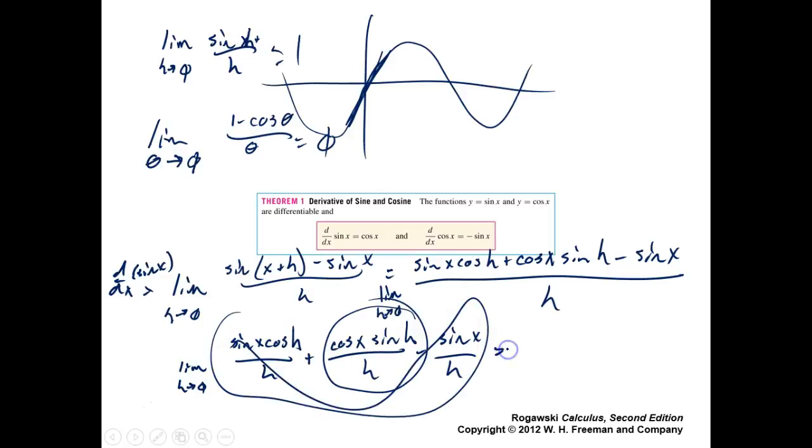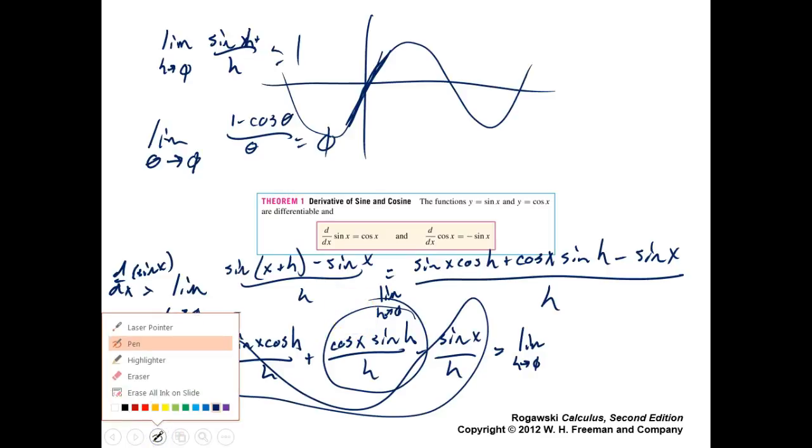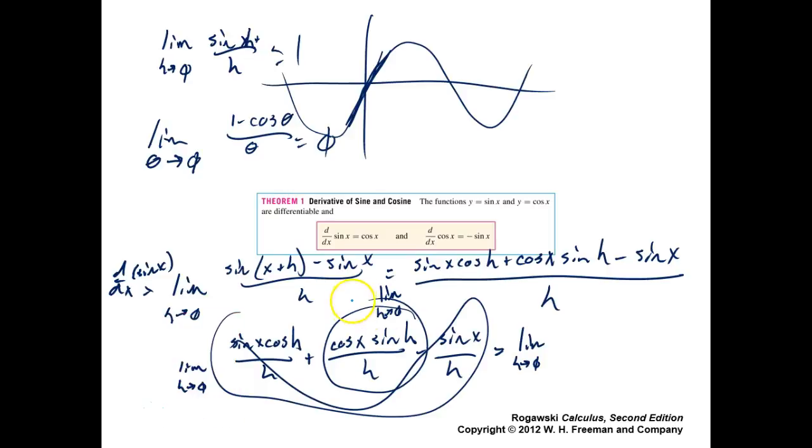So let's put those into two different limits. The limit as h approaches 0 of, give me a color. Blue. Light or dark? Light. Okay. Let's do this one first. So the cosine x can come outside. Cosine x times sine h over h. Right?